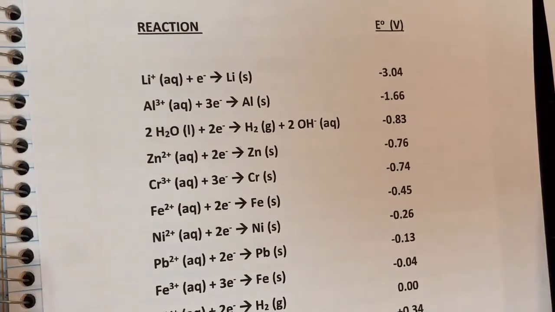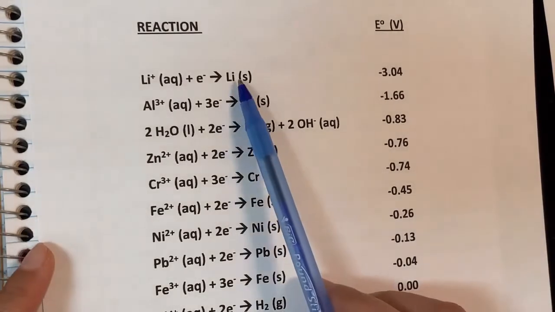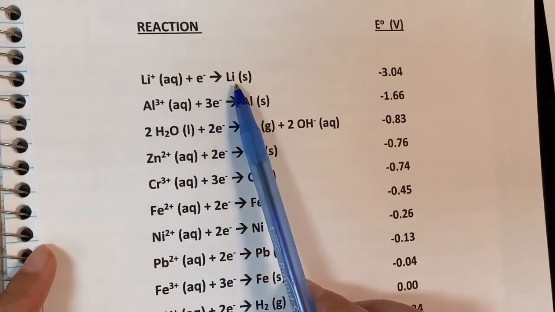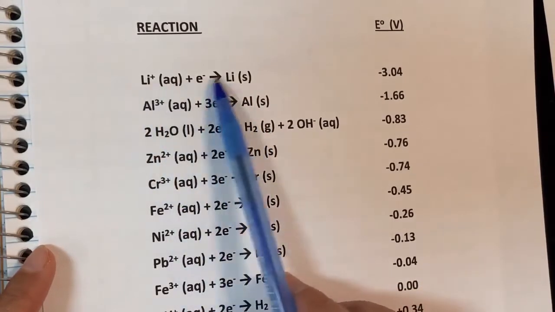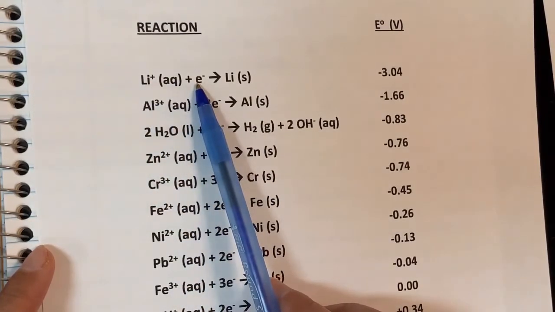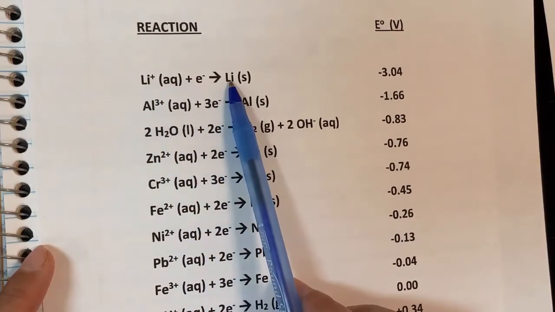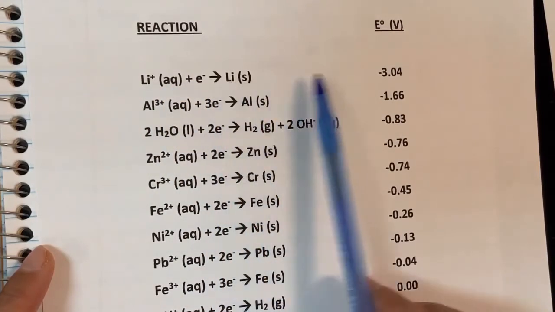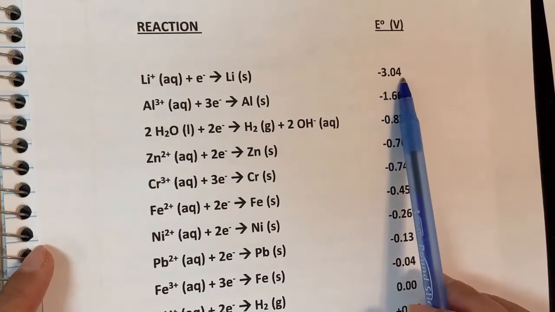In this case, all you have to realize is oxidation is literally just the reverse. It's flipped. If you say this is reduced to that, this is oxidized to that. So lithium plus, add an electron, is reduction; it's being reduced to lithium solid. So the potential would be negative 3.04 for reduction.